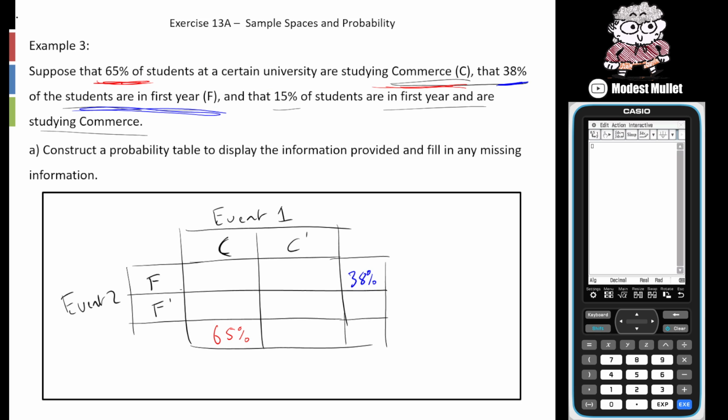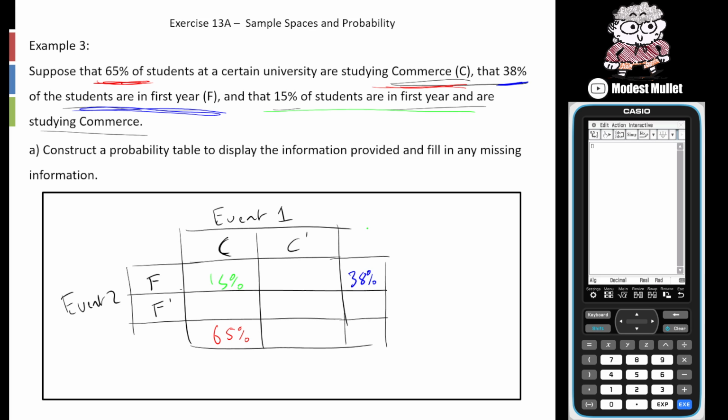And then finally, what colour can I use? Green. 15% of students are in the first year and studying commerce. So they are in the first year, are studying commerce. That makes 15%. Okay. So this is where we need to be really careful with this.